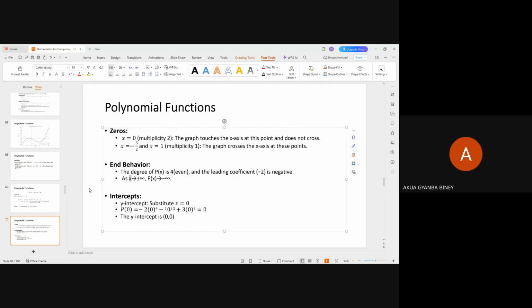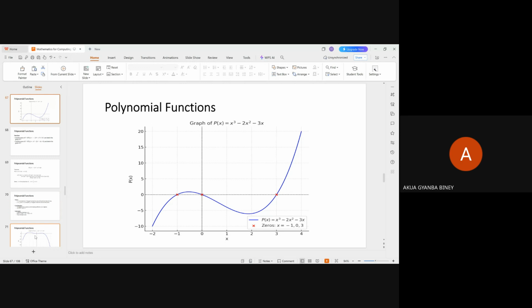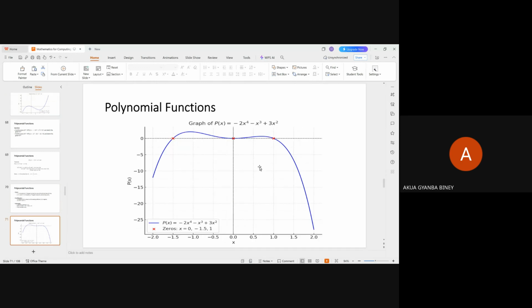So I would say don't care too much about where it is going. Find your zeros and find whether it will cross or it will stay. Find your zeros and determine whether it will bounce off or it will cross. Because you realize when we are bouncing off, we stayed where we are. When the multiplicity was even, we stayed where we are, and when we had to cross, how do you cross?